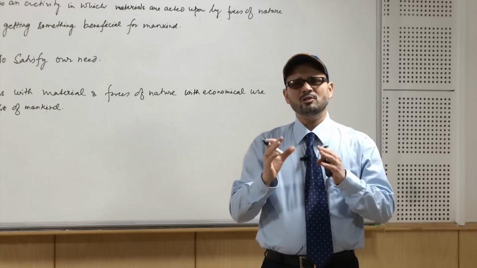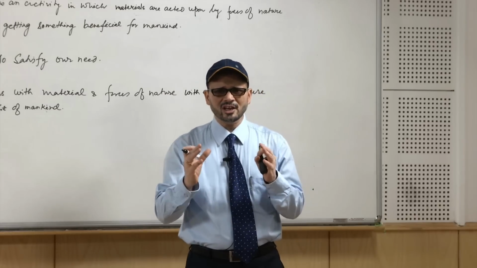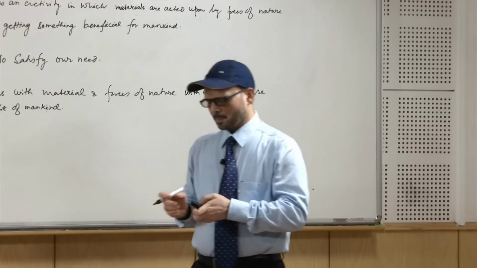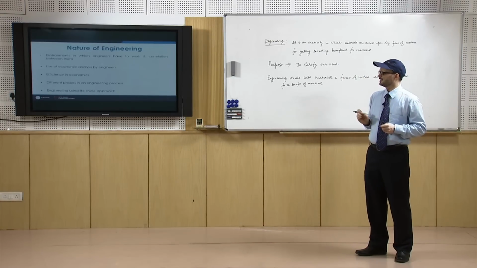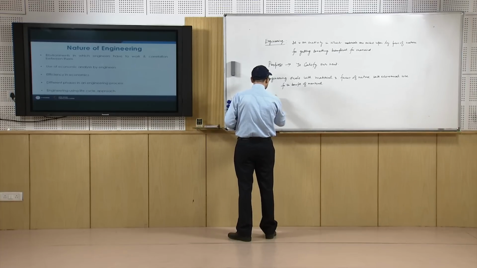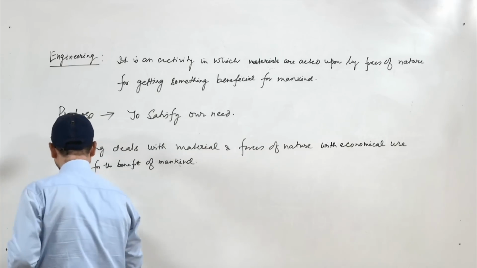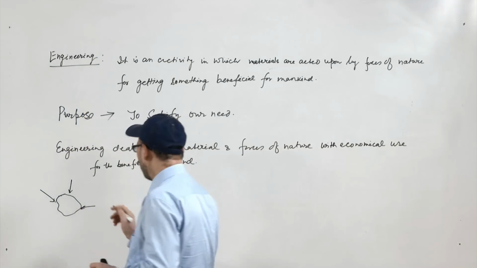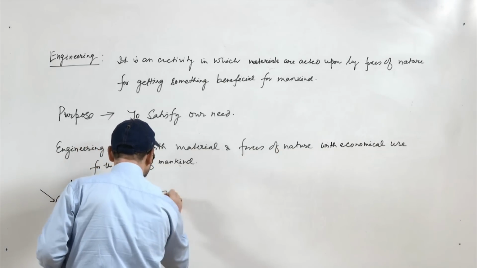So, this is how both the parties are satisfied and this deal goes on. So, basically what we see is that engineers have to work in two environments. What are those two environments? One is that you have materials and you use the forces of nature, and then ultimately you get a product.